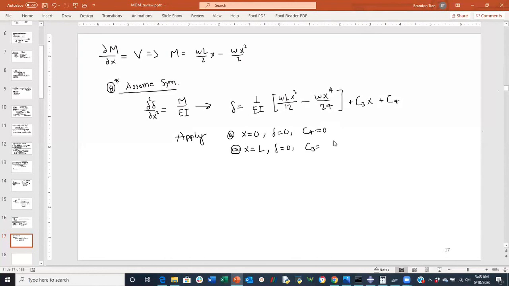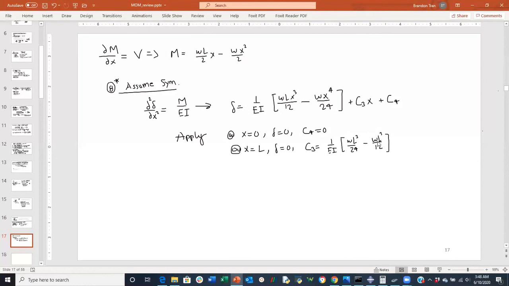C3 becomes 1 over Young's modulus divided by the inertia, inertia about z, by the way, times distributed load cubed divided by 24, minus distributed load cubed divided by, now that I'm looking at this, I really should have simplified this.